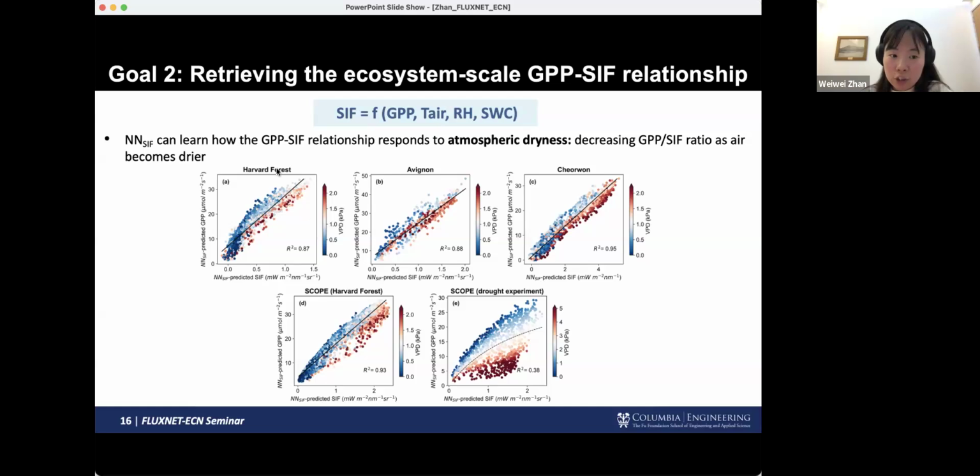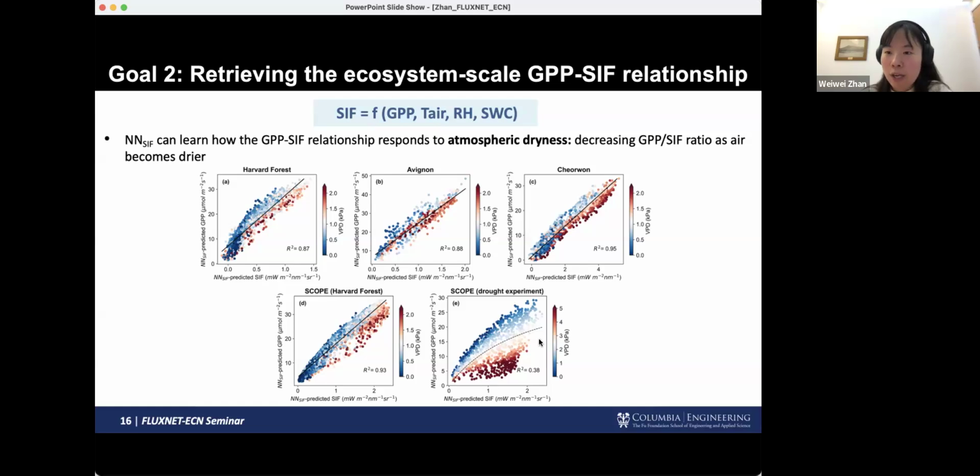We find that the slope of GPP versus SIF tends to be smaller when atmospheric dryness becomes higher. The scatter points are colored by VPD, the vapor pressure deficit level, and we find the slopes become smaller for those more red points.